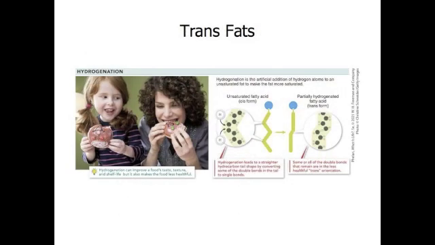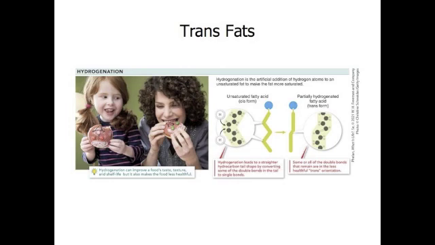Moving on to trans fats, the ingredient list for some snack foods includes partially hydrogenated vegetable oils. The hydrogenation of an oil means that hydrogen atoms have been added to a liquid, unsaturated fat so that it becomes more saturated.